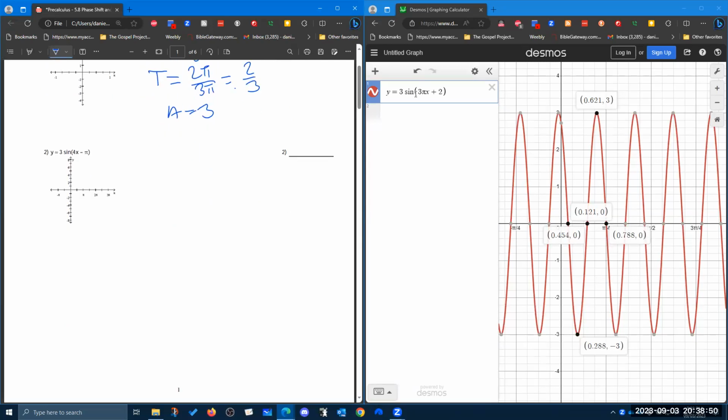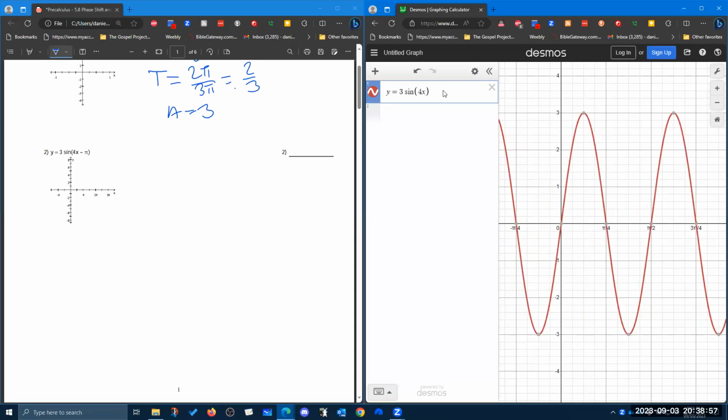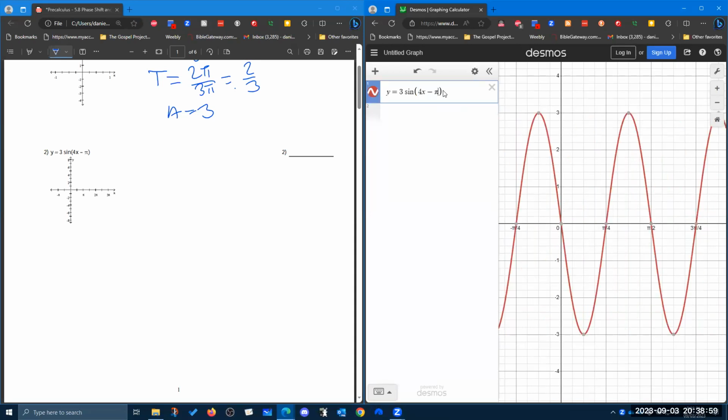It is 3 sine of 4x minus pi. So that doesn't have the pi as a multiplier. 4x minus pi. And we can go from this 0 here to this 0 over here and be in good shape for one period. That's not that hard to get these points and put them on the graph there.